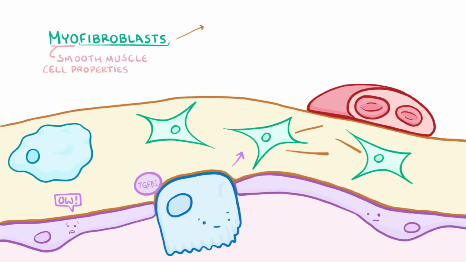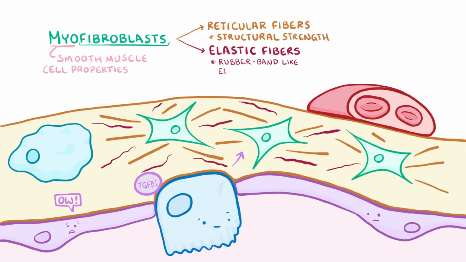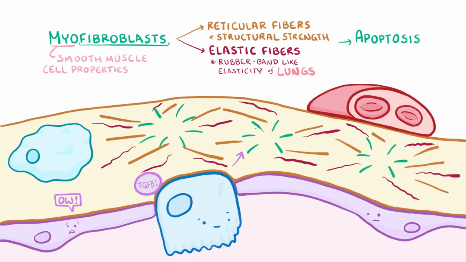The myofibroblasts secrete reticular fibers, a type of collagen which provides structural strength, as well as elastic fibers, which provide the rubber band-like elasticity of the lungs. The myofibroblasts then undergo apoptosis, or programmed cell death.